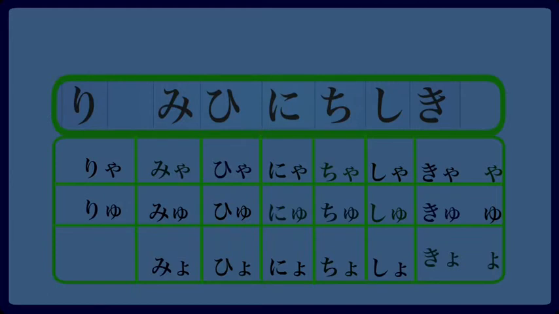So there we have the chart of the variations that you can make using a small ya, yu and yo, with the consonants in the I row. You cannot use the ya, yu, yo with any other hiragana. Remember, just the I row. So some other words we could have is hi with a little ya, hyaku. Hyaku means 100.